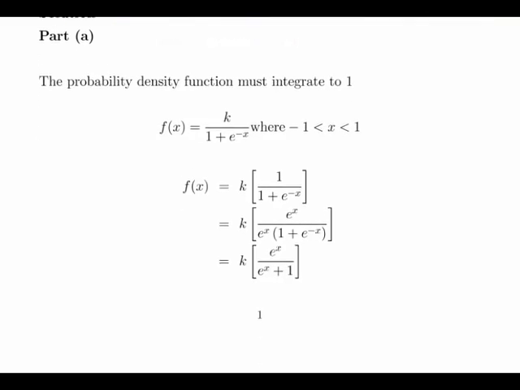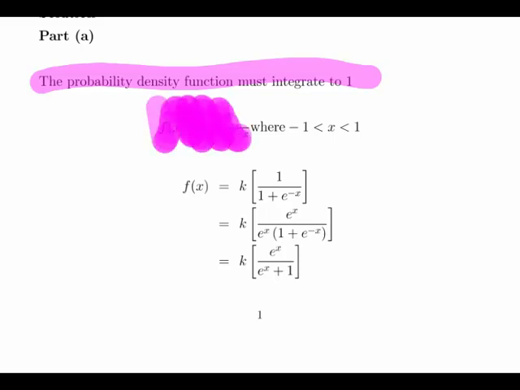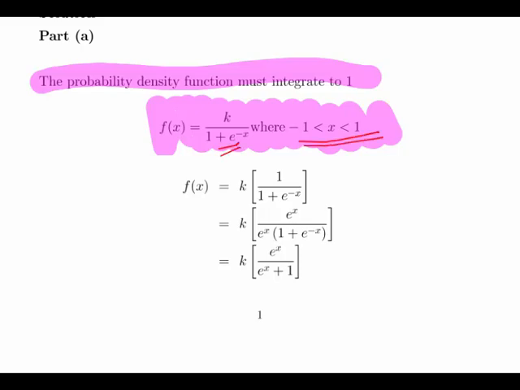The probability distribution must integrate to 1. So this is our PDF, our probability density function, and those are our limits of integration. What I'm going to do first is re-express this expression. We have f(x) equal to k divided by 1 plus the exponential of minus x.